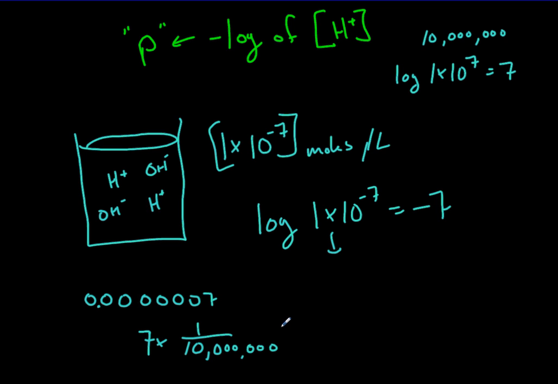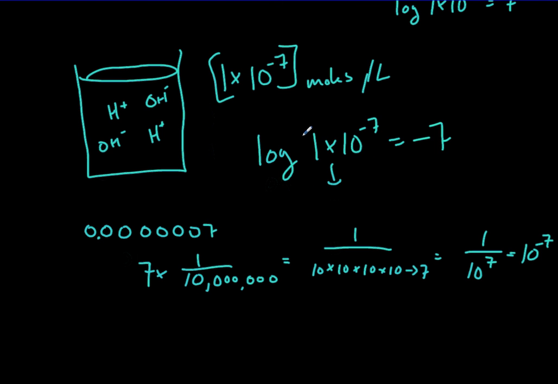Okay, well another way to write 1/10 millionth is like writing this. 1, 10, times 10, times 10, times 10, all the way 7 times. And another way to write that is this. Okay, another way to write that is this. There, math class done. So 1 times 10 to the negative 7 is this number. That's what this number means.